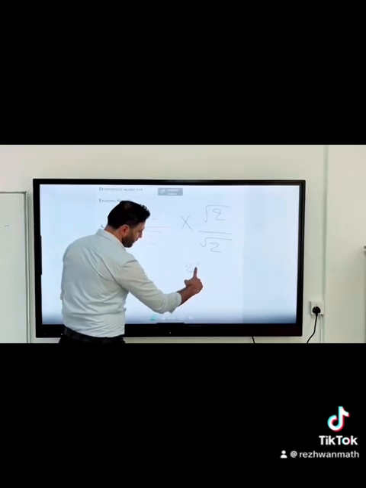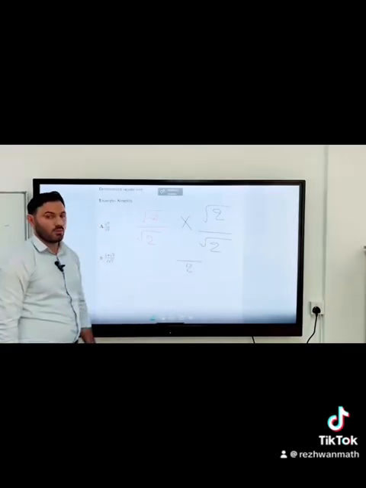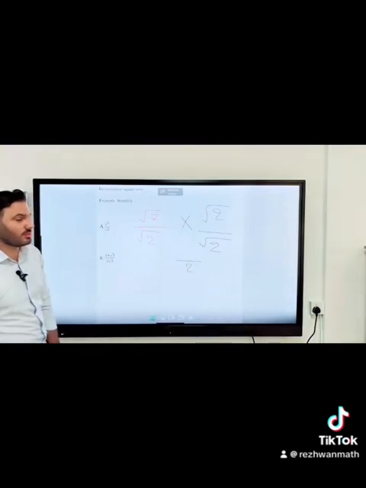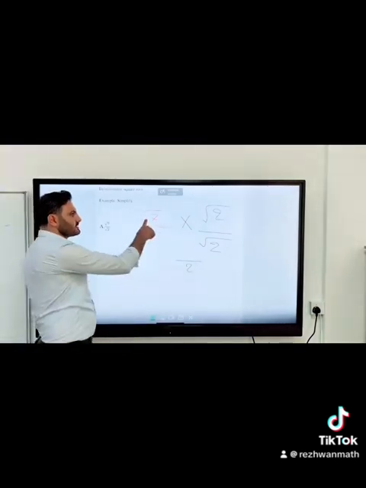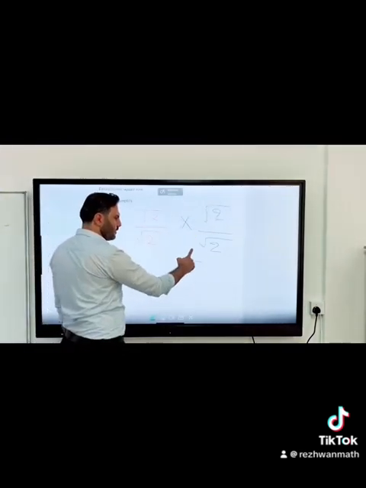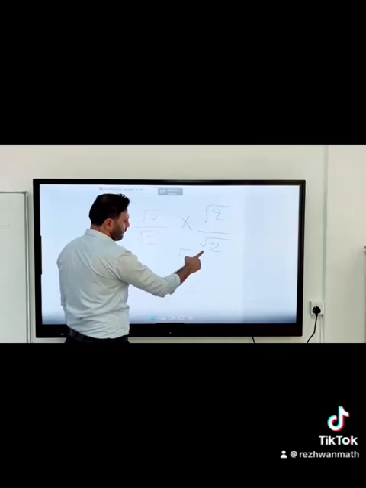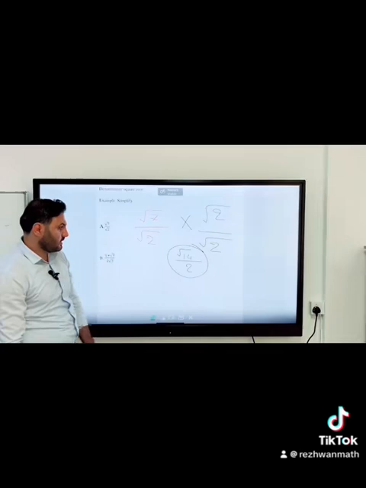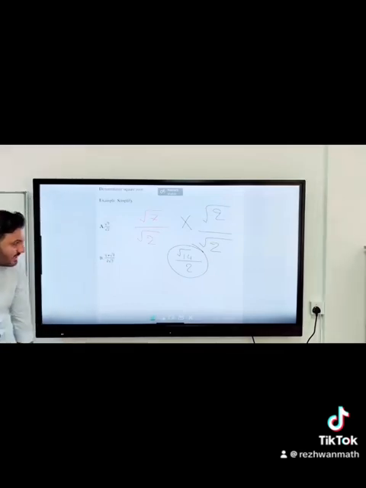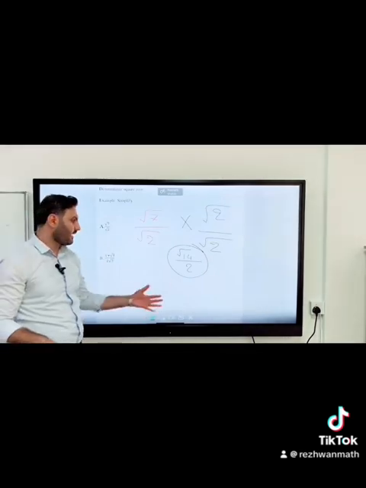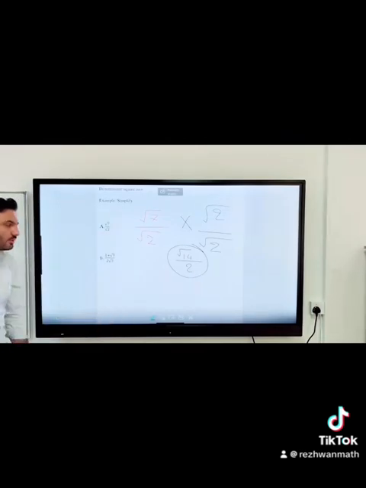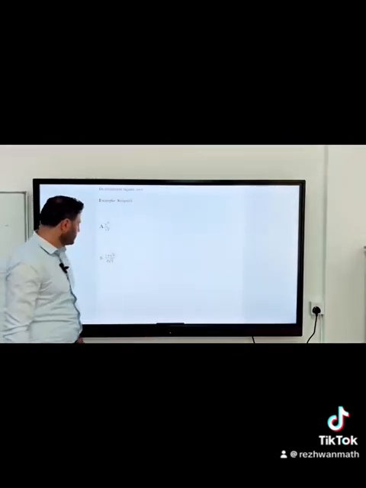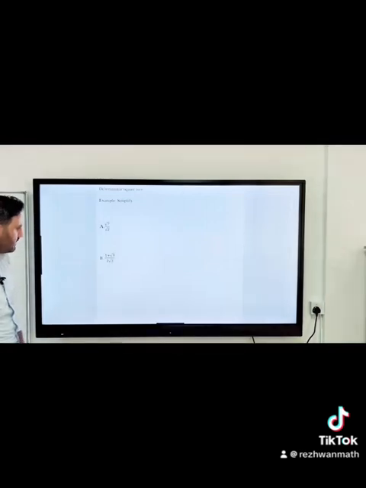So we have 2, and we cancel the square root in the denominator. Then square root 7 times square root 2, we get square root 14. If you look at this answer, there is no square root at the denominator. Now, let's do question B.